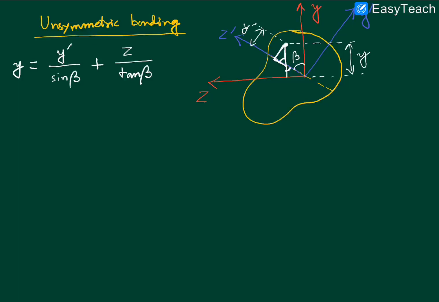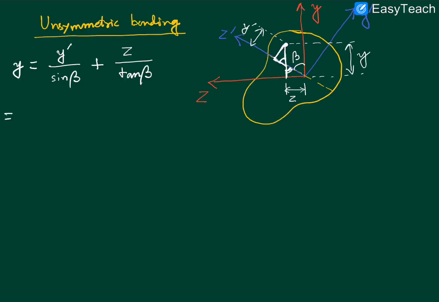So what I'm doing here is recognizing that this much is my z. So this being beta, this length will be given by z by tan beta.